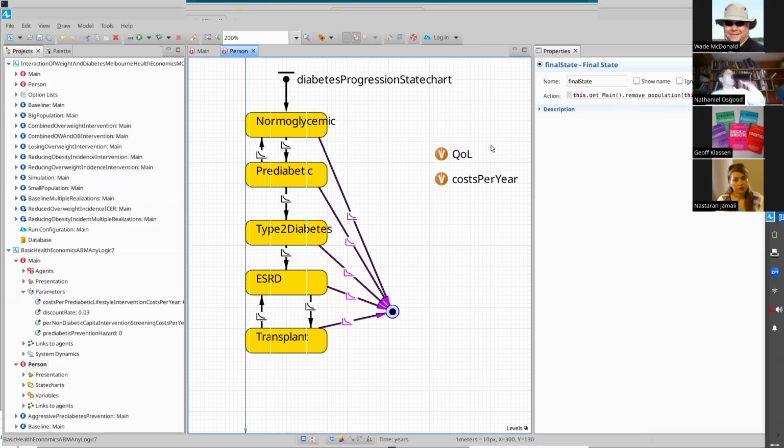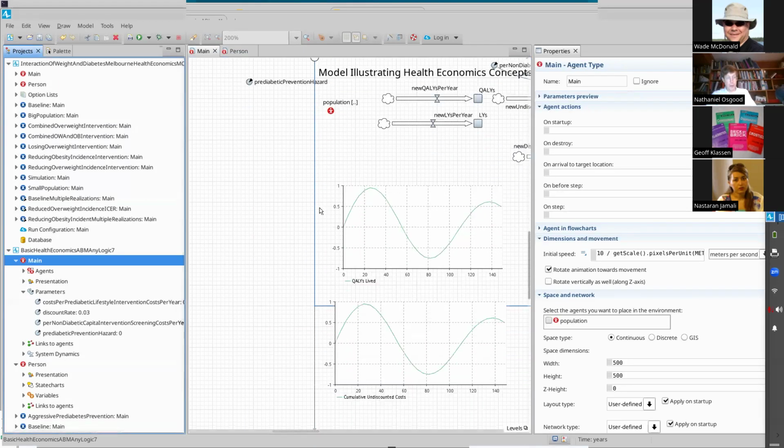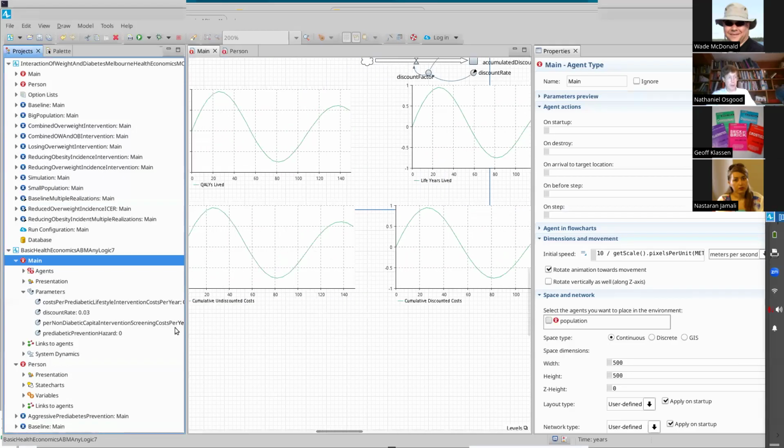And not surprisingly, in Maine, we can summarize characteristics of those individuals.